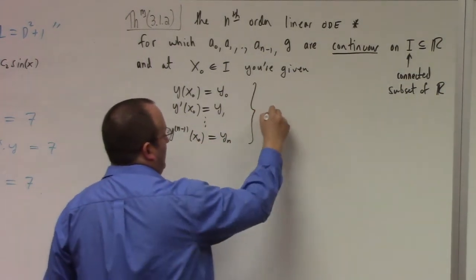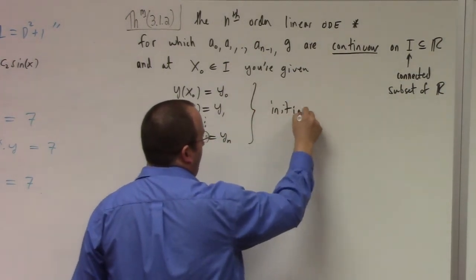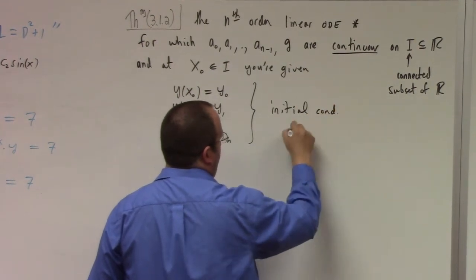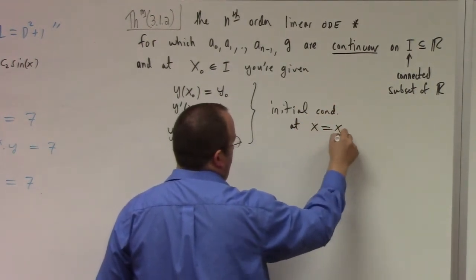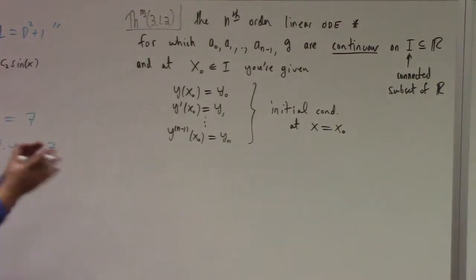So these are initial conditions. Suppose you're given an nth order linear differential equation, all the coefficients are continuous on some appropriate subset of the reals. You have a point in that subset where the position, the velocity, the acceleration, all the way up to the n minus 1th derivative, are all specified.